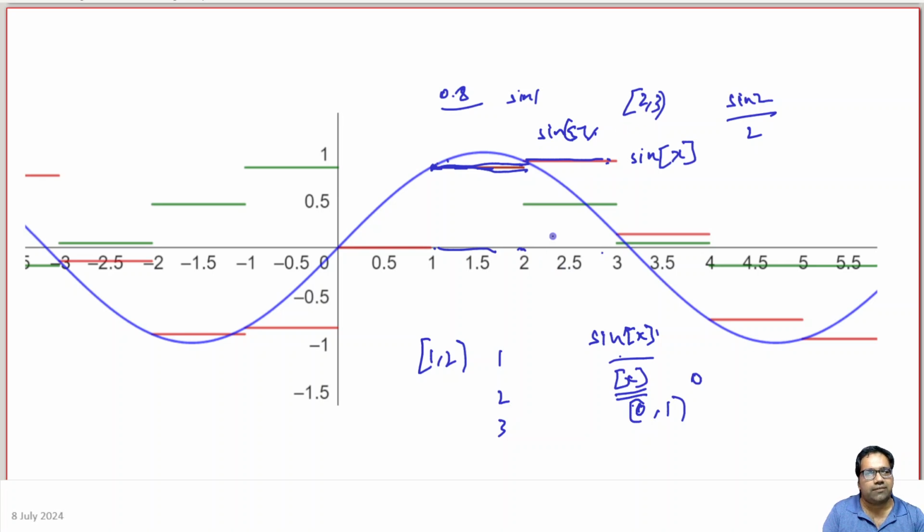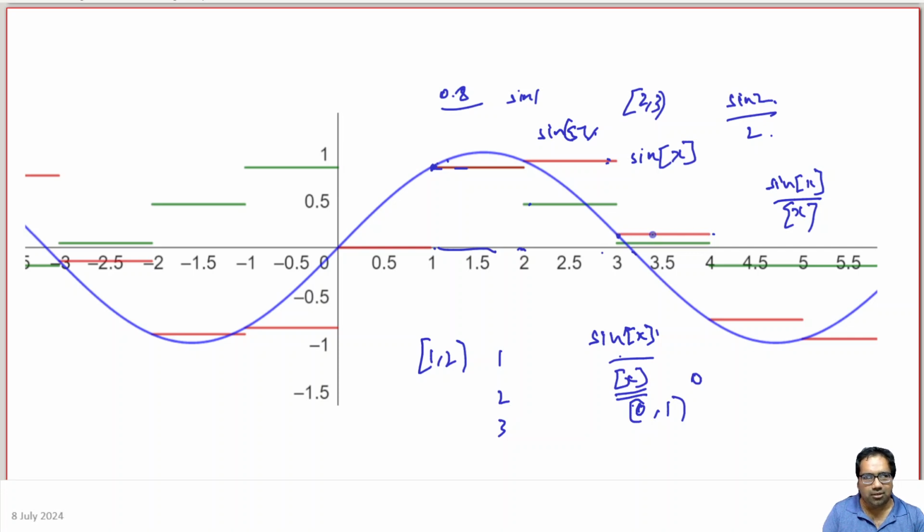So that is the sine of the greatest integer function of x between 2 and 3. Now this divided by 2, that is this one. So the graph of sine of the greatest integer function of x by the greatest integer function of x is these green lines. The red lines are the graph of sine of the greatest integer function of x. When x belongs to 3 and 4, that would be this line, because sine 3 is this point.